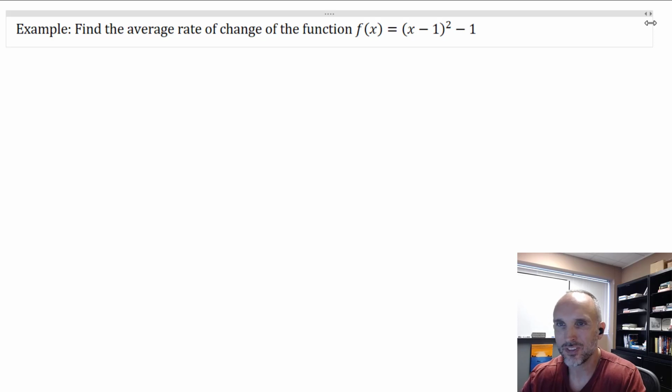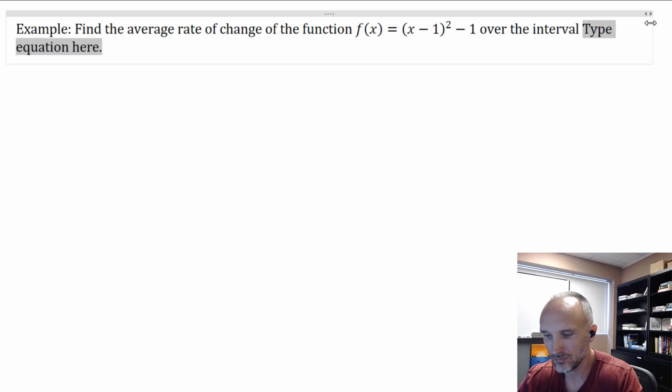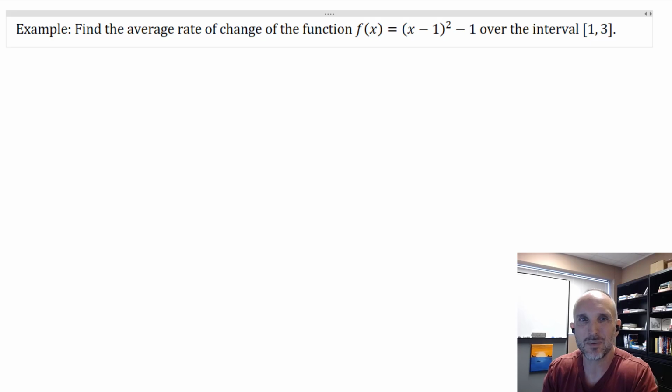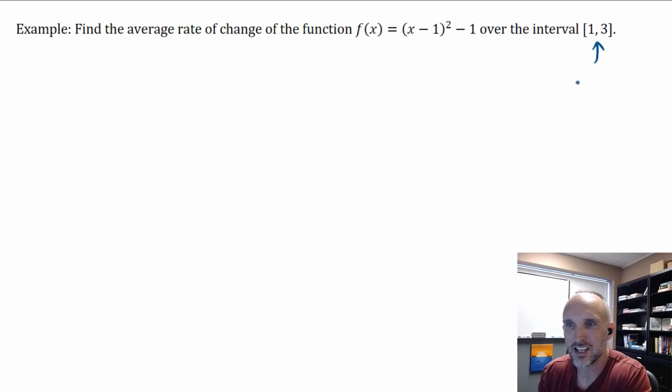And now the thing that's going to change is how we specify the x values. So we'll say over the interval, let's go from 1 to 3. And so this is the same exact type of question we just looked at. This is the same thing as saying from x equals 1 to x equals 3.